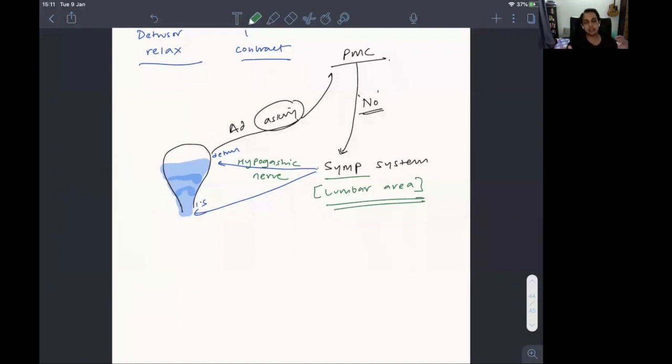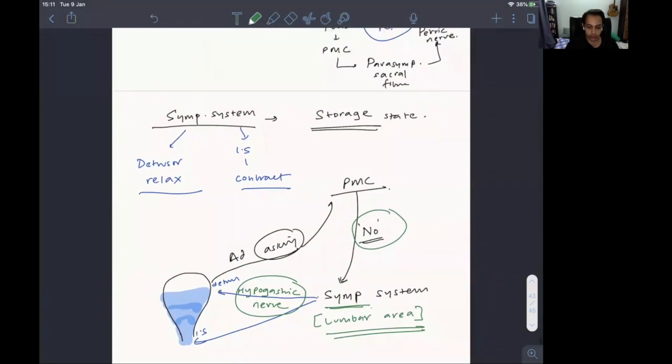The natural response is to void, but if there is a command saying don't void, supposing you are in public and you don't want the bladder to void right then, the command will, instead of going to the parasympathetic center, now go to the sympathetic system, and the sympathetic system via the hypogastric nerve will tell the detrusor to relax and the internal sphincter to contract.